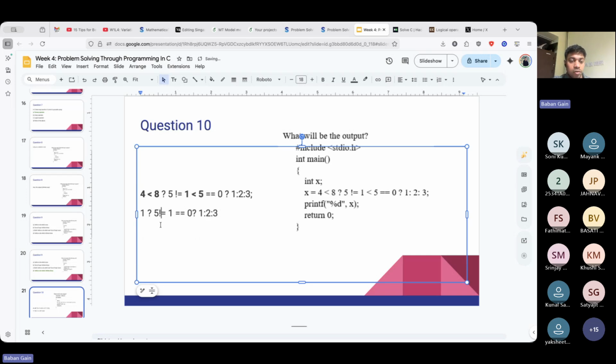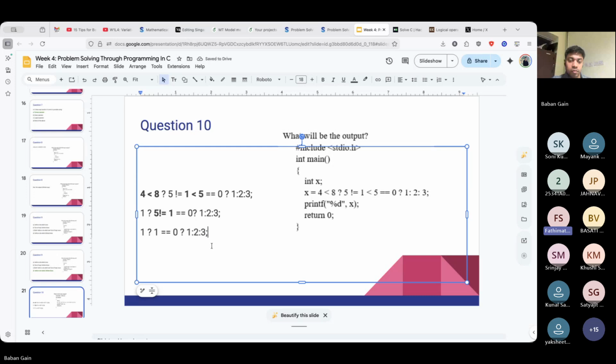So you're saying that this will occur first, right? 5 not equal to 1, yes sir. So you are saying here it will be true equal to 0. Then 1, 2, 3, right?